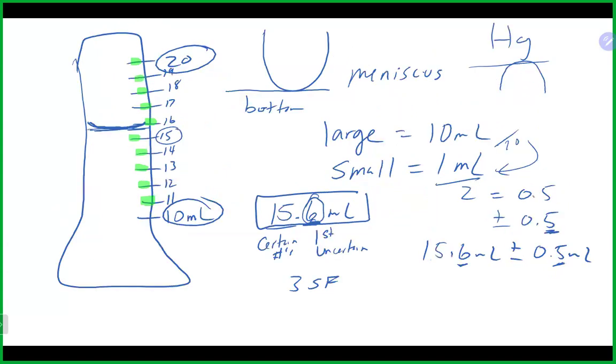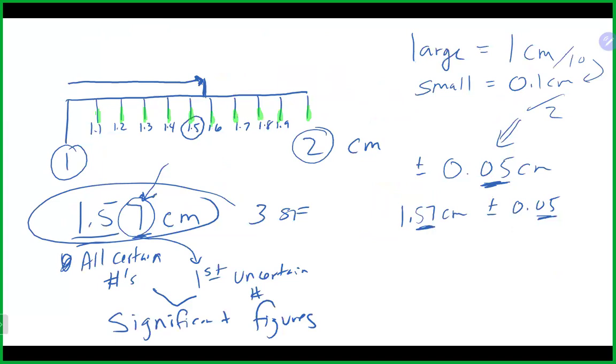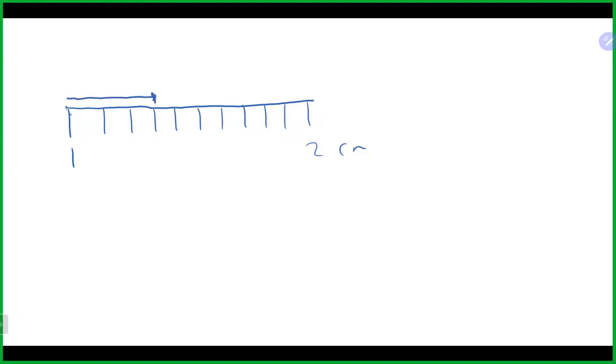Now, let's also talk about a very common thing that people do. I'll just draw a new one here. We'll take our ruler like we had at the very beginning, same ruler basically. And let's just say we had an arrow here dead on that marking right there.